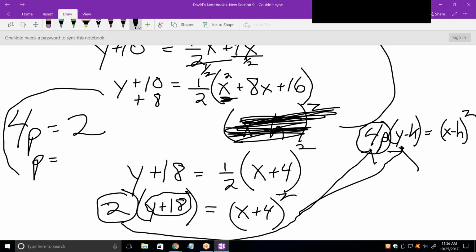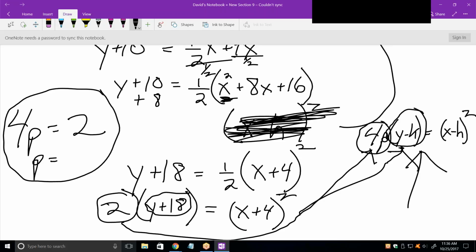Okay. Where it comes from is we've manipulated this equation so that it looks a little different. It now looks like 2 times y plus 18 equals x plus 4 squared. Well, that's exactly the format we want. There's our y plus 18.